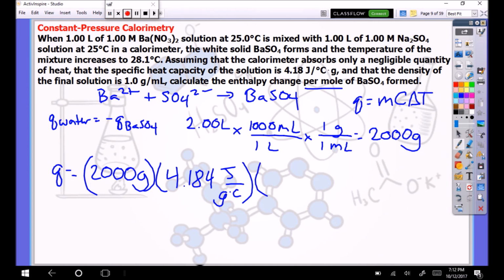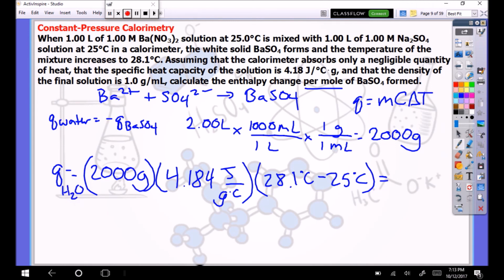And then our temperature change. So 28.1 degrees Celsius was the final, minus 25 degrees Celsius is the initial. And remember, this is the mass of our water here, right?